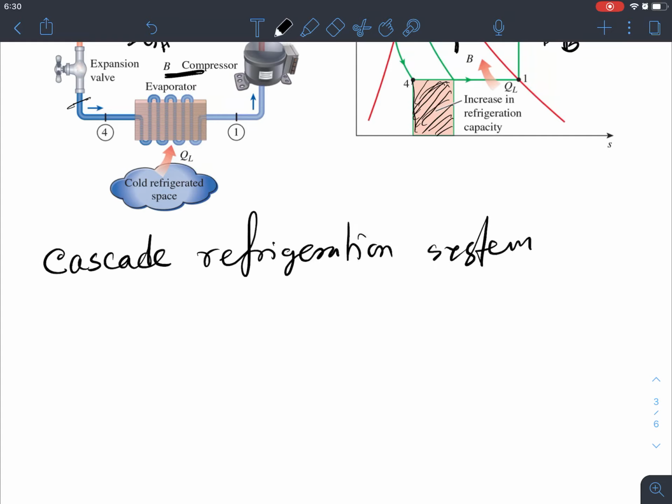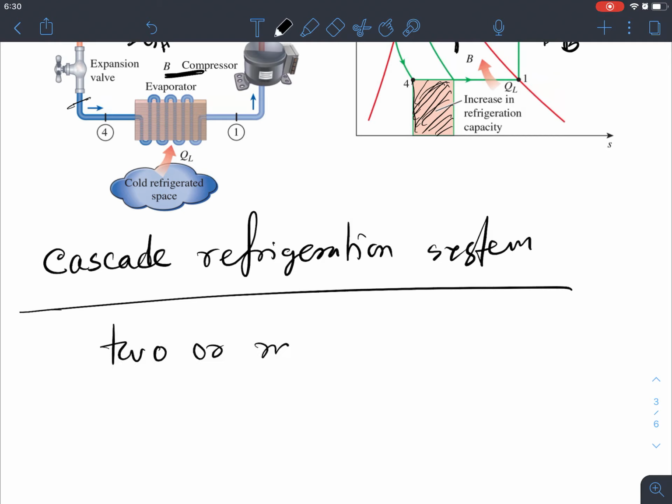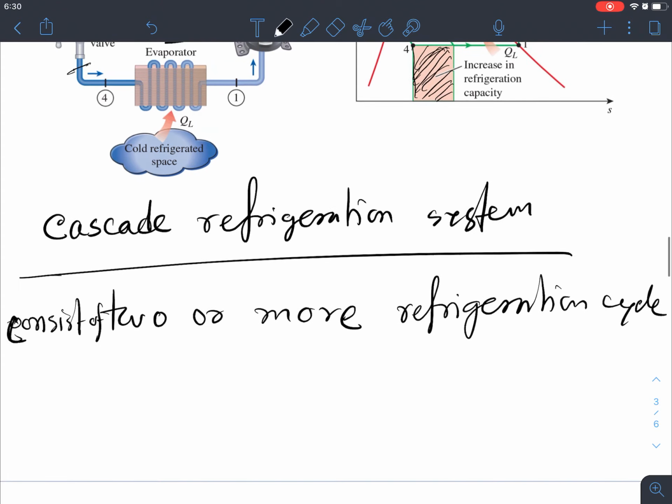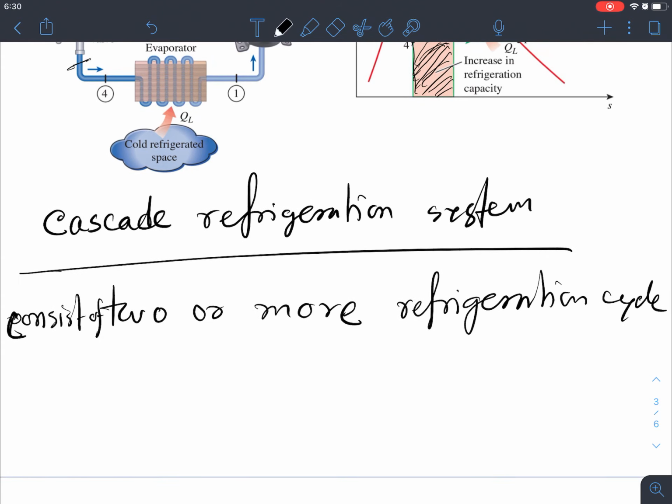So the definition of a cascade refrigeration system is nothing but that it consists of two or more refrigeration cycles and operates in series.